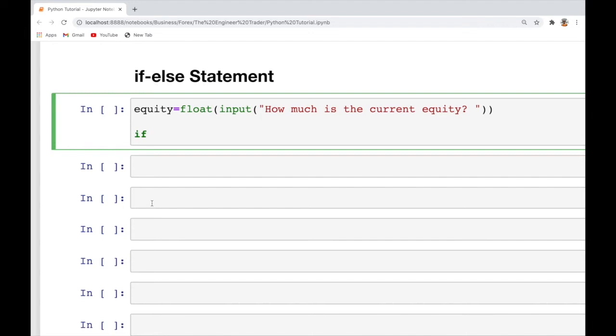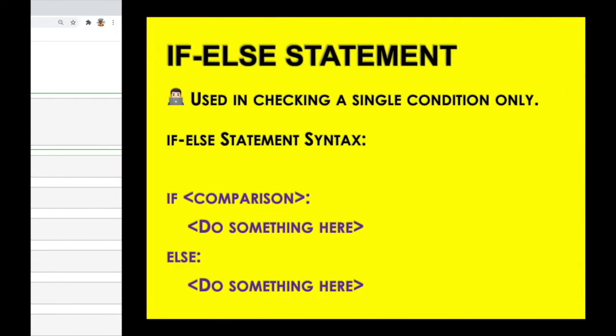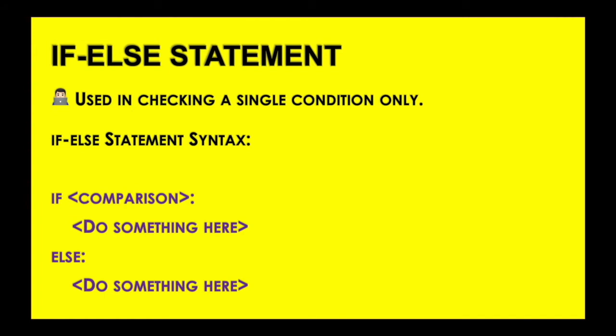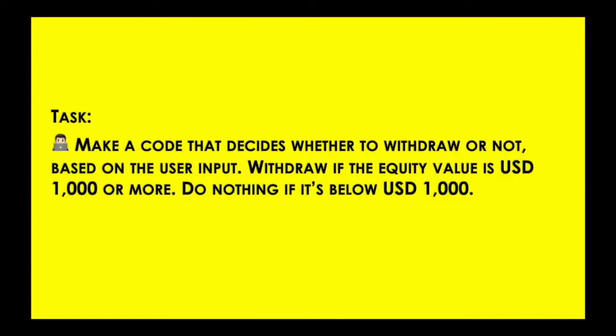Our comparison here will be: if equity is greater than or equals. So greater than or equals, let's check our task. What is the task saying? Whether to withdraw or not.